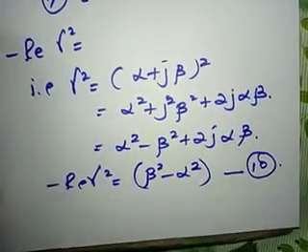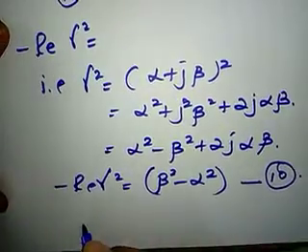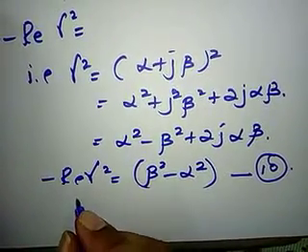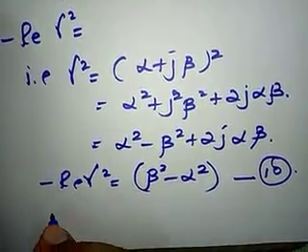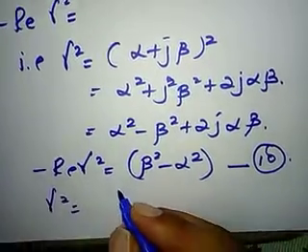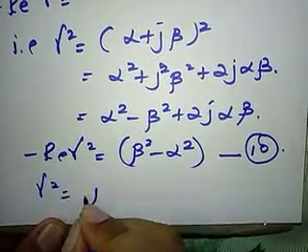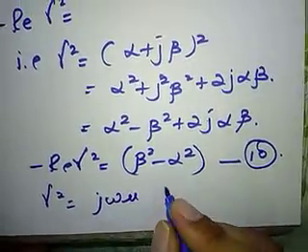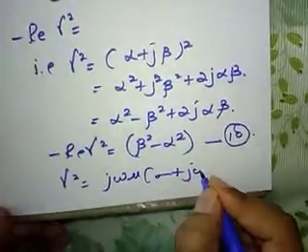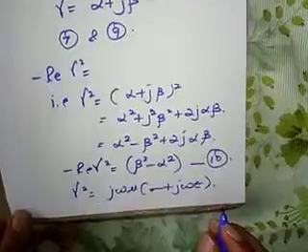Okay, so then what is gamma square? Gamma square is the basic starting equation: j omega mu into sigma plus j omega epsilon. This is our gamma square equation, yes or no?